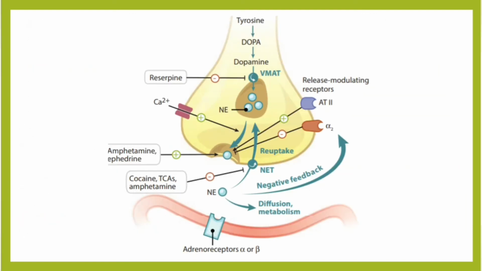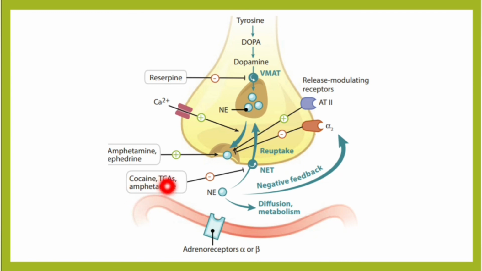If you look here, I said norepinephrine is synthesized from tyrosine. So you can see the pathway of synthesis of norepinephrine. There are some specific areas where we can inhibit.